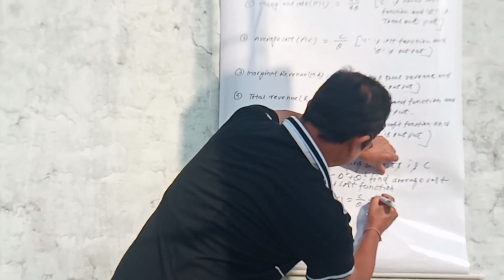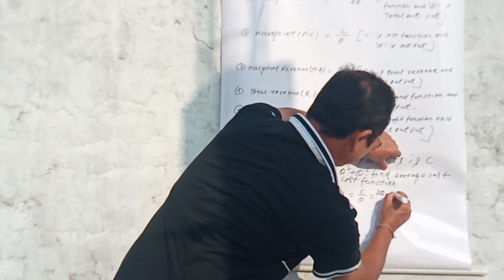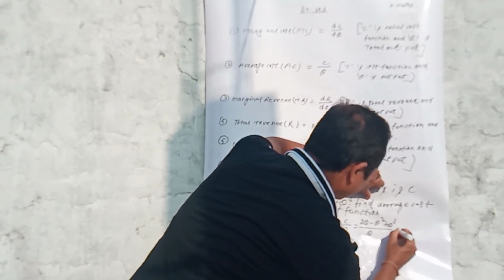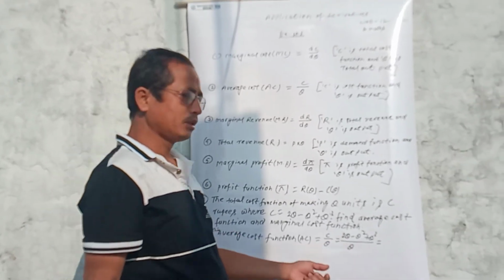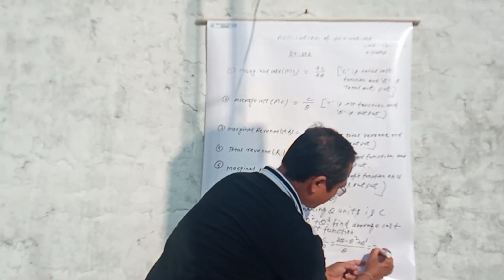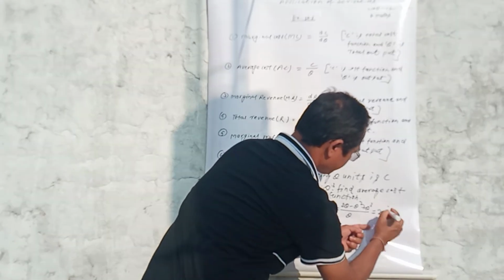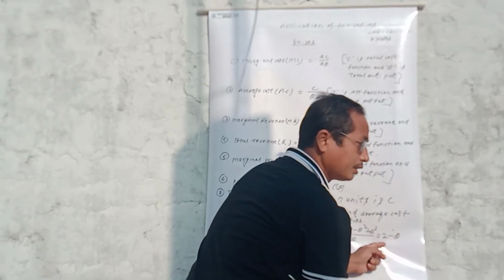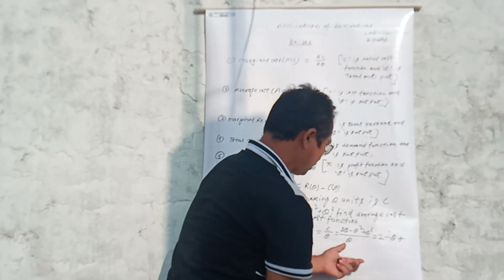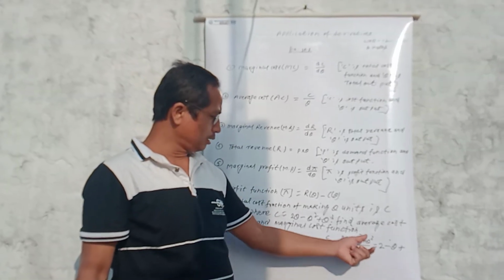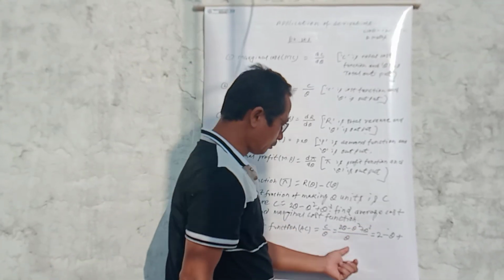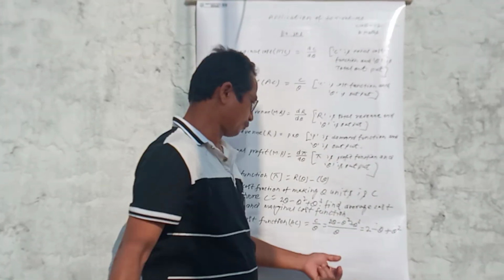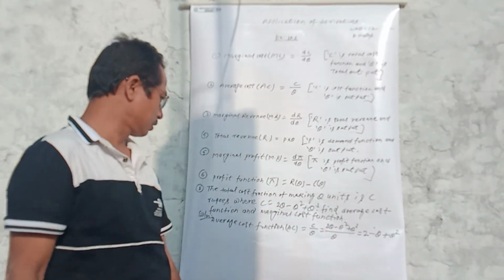It means the total cost function 2Q minus Q square plus Q cube divided by Q. Then 2Q divided by Q, Q and Q cancel, remaining 2. Minus Q square divided by Q is Q, plus Q cube divided by Q. In division the power is subtracted, so 3 minus 1 gives Q square. This is the average cost function.